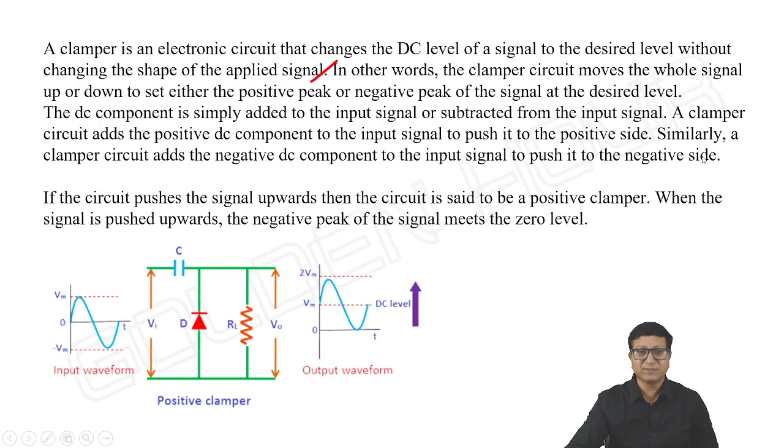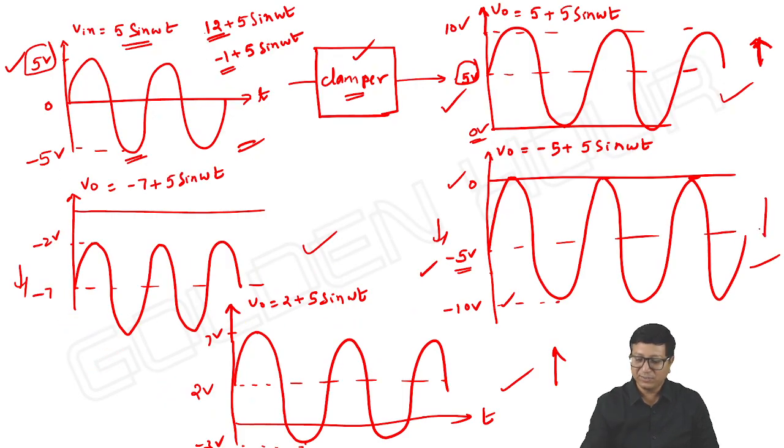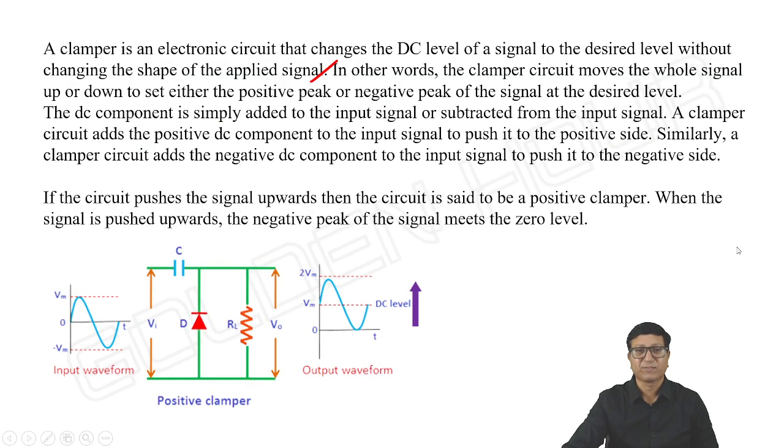Yes, when a negative DC is added, it is pushed downwards, or to the negative side of the y-axis. If the circuit pushes the signal upwards, then the circuit is said to be a positive clamper. If the added DC is positive, the signal will be pushed upwards and we call that a positive clamper.